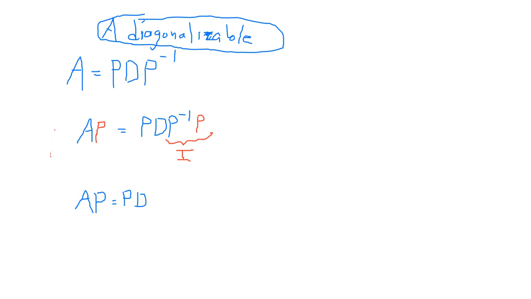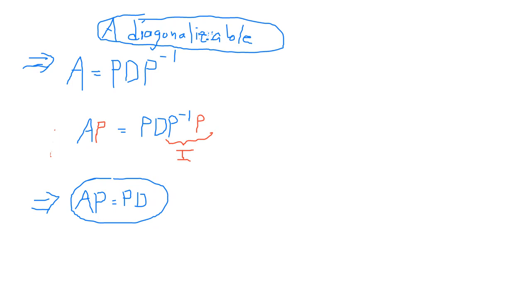It's all about quality, right? A being diagonalizable implies that A equals P times D times P inverse, but ultimately then, since P is invertible and all that, this means that AP equals PD. And that's what we have. That's what we're going to look at in Theorem 5.